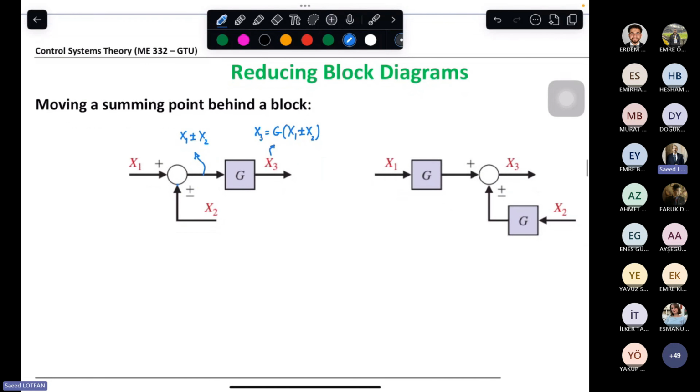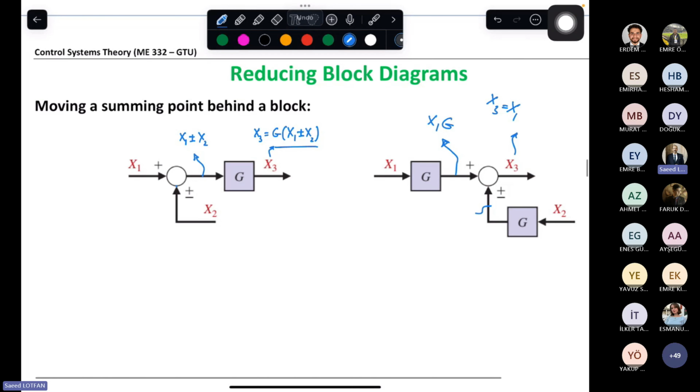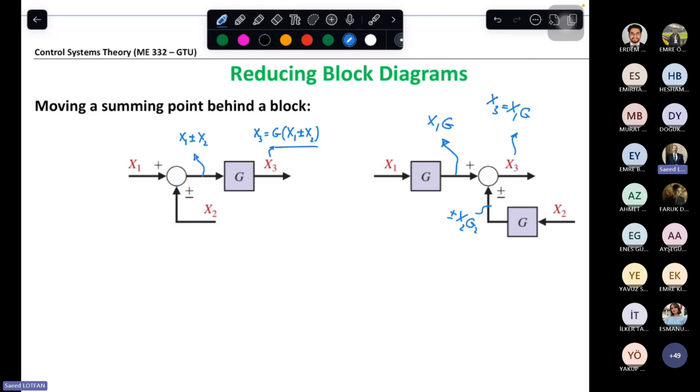It will be X1G. So for X3 to be the same as this one, we have X1G, and we should have this branch as X2G. This X2 will see G and be multiplied by G and give us GX2.